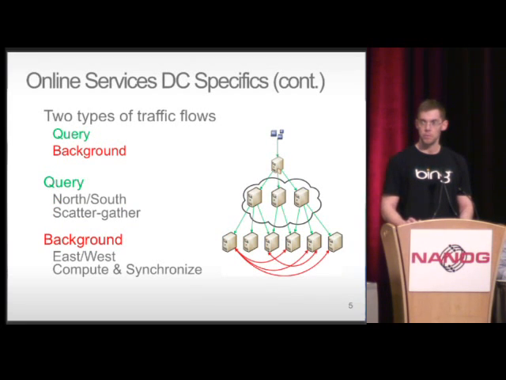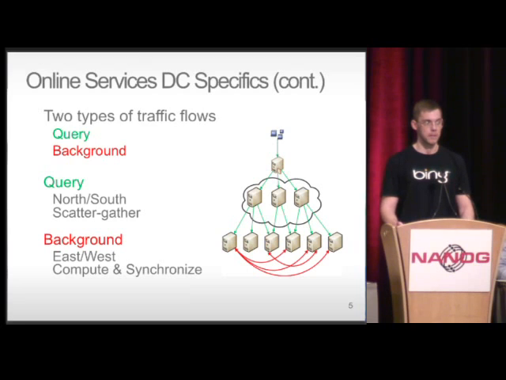So the most important part, I believe, like Andy mentioned before, is a specific type of traffic flows that we have. There are all the specifics, but in a very simple fashion, you can divide the traffic flows into queries and background traffic. Queries is what customers send you, or what applications send to each other to perform, say, calls or some requests.